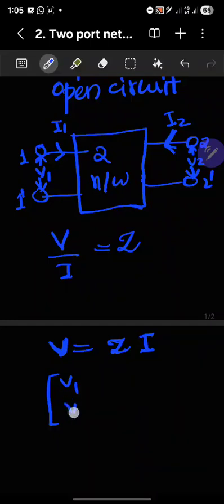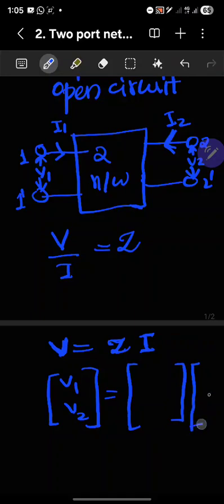Two voltages, V1 and V2. The Z matrix represents the four impedances we mentioned before. We'll mark it later. Then we have the I vector. How many currents do we have?